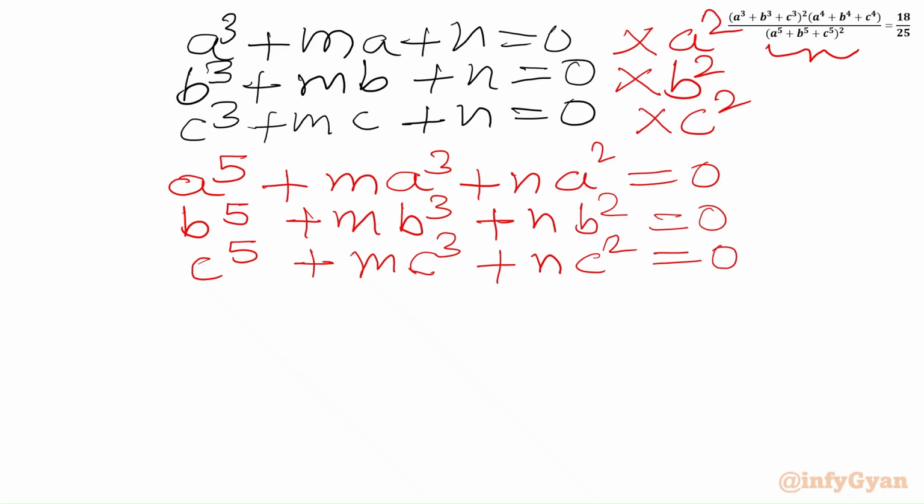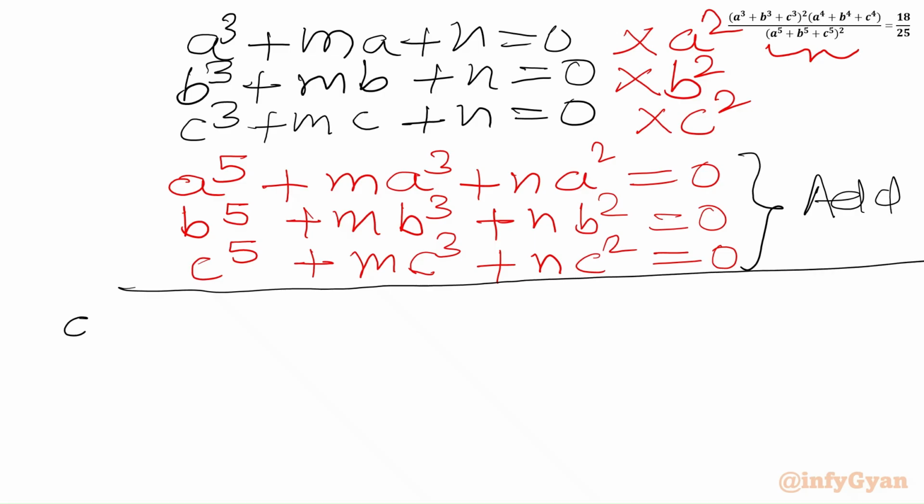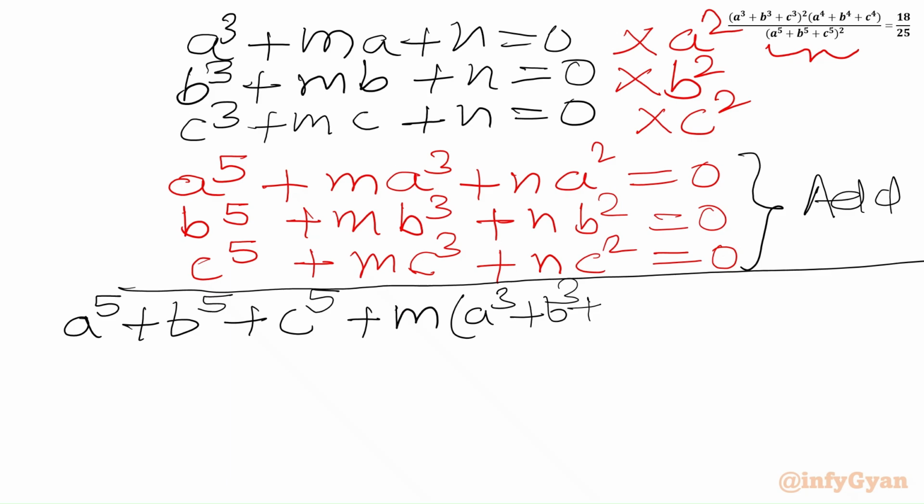Now we have to add all the three equations. So we will calculate from here a power 5 plus b power 5 plus c power 5. Then we have to write here m times a cube plus b cube plus c cube, then plus n times in the bracket a square plus b square plus c square equal to 0.